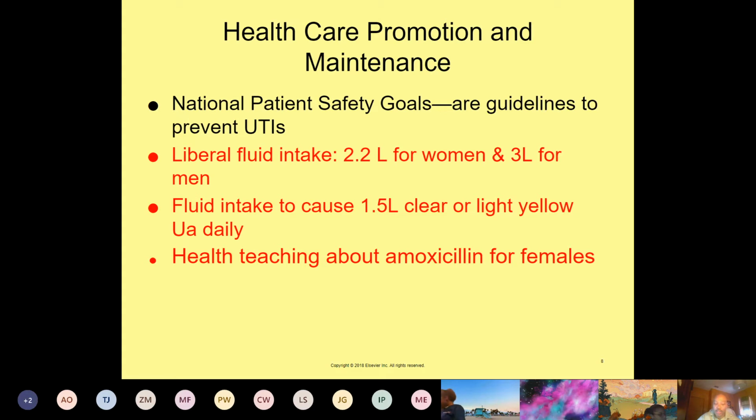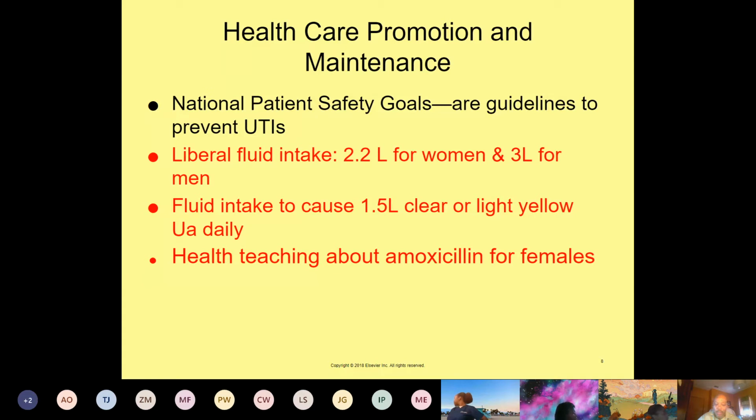If spermicides are used, consider changing to another method of contraception. For women, clean your perineum, the area between your legs, from front to back. I don't know if I said that differently last time, but you clean from front to back.